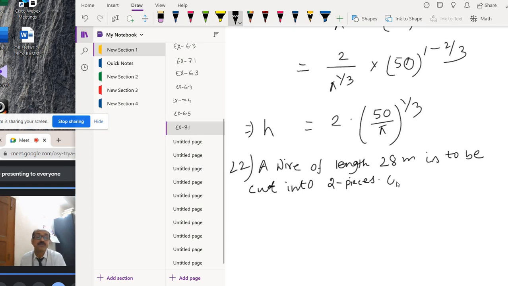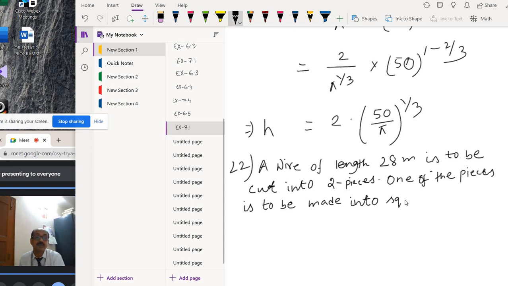One of the pieces is to be made into a square and the other into a circle.